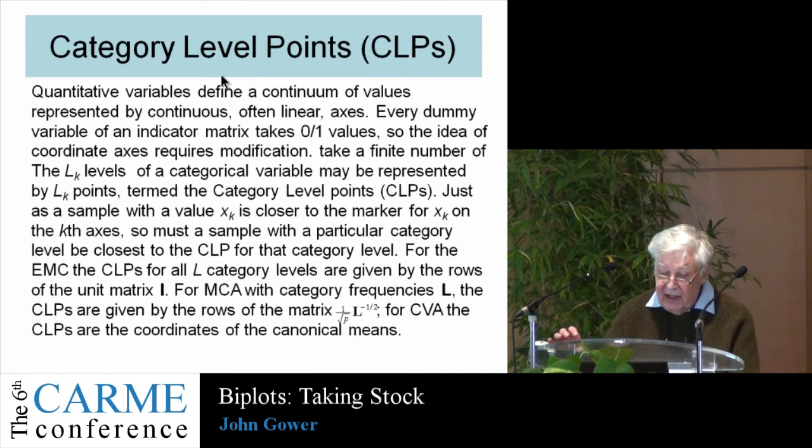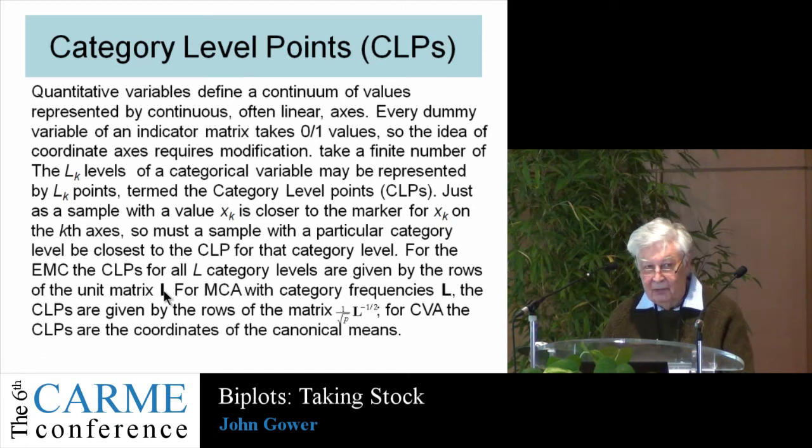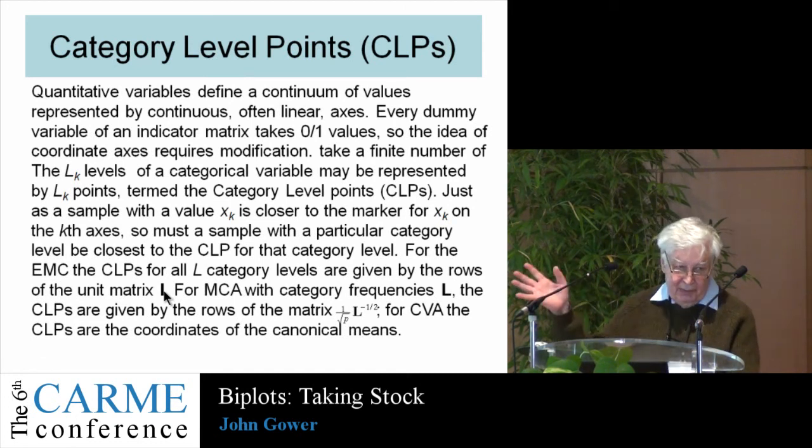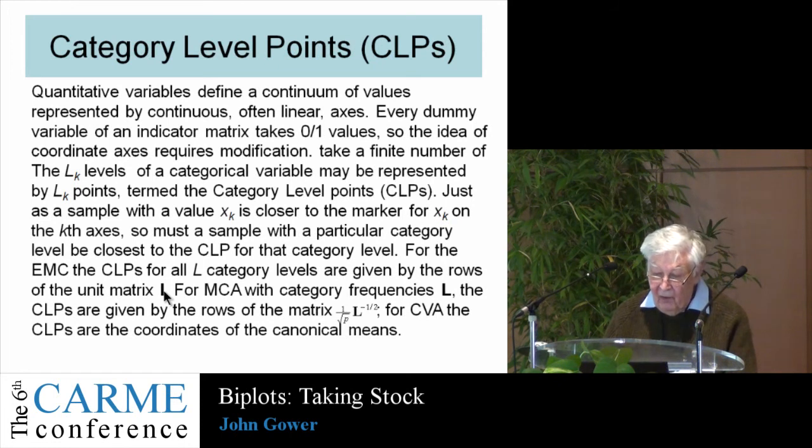And it turns out that the category level points for these two are, for the extended matching coefficient, merely the unit matrix. Just the points 1, 0, 0, 0, 0, 0, 1, 0, 0, 0, 0, 0, 1, 0, just those points. For multiple correspondence analysis, you have to bring in the frequencies. The frequencies are given in the diagonal matrix L, so it's 1 over the square root of those frequencies, and they define the category level points.